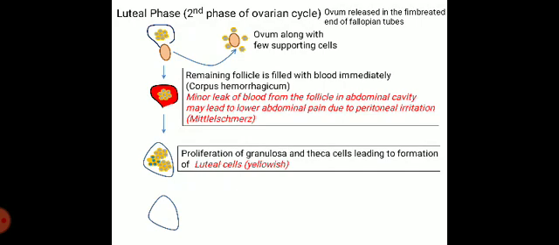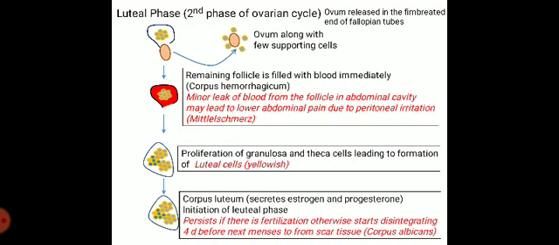Now, in the corpus hemorrhagicum, the granulosa cells and theca cells are there. Further proliferation of the granulosa cells and theca cells leads to the formation of the luteal cells, which are yellow in color, and this is known as the corpus luteum. The corpus luteum secretes estrogen and progesterone.